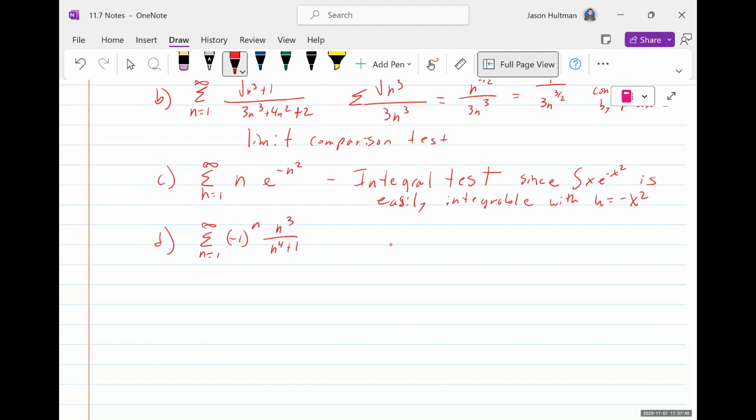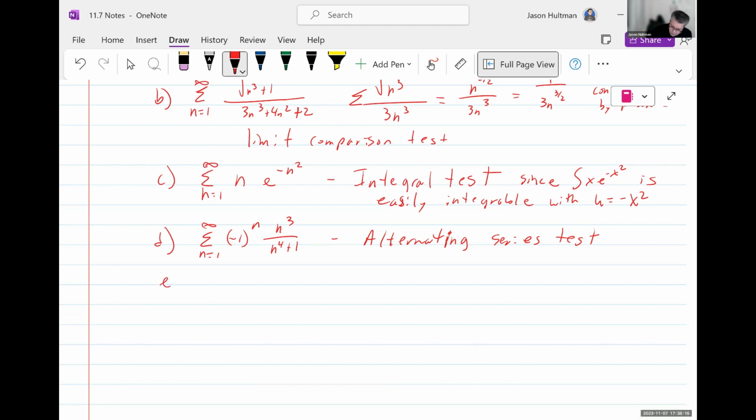Alternating series test. Yeah, alternating series test. This alternates, the terms do go to 0, but they go really slowly. Even though they go really slowly, like the harmonic does, it's still going to converge because it alternates.